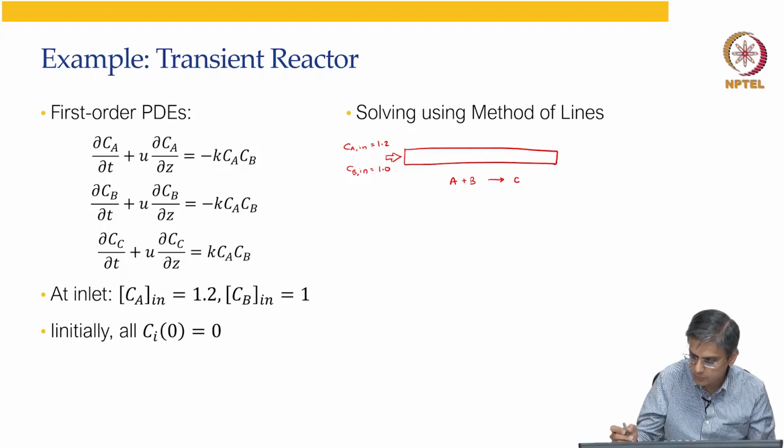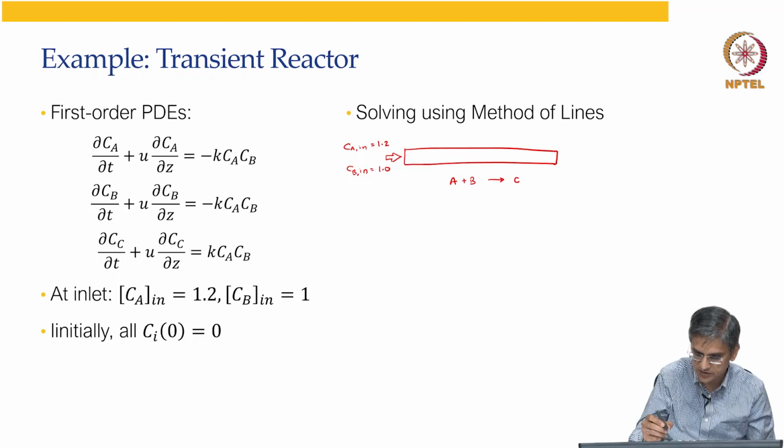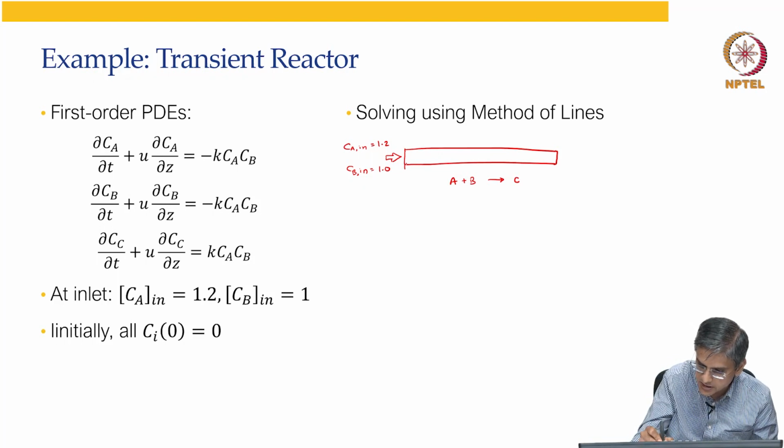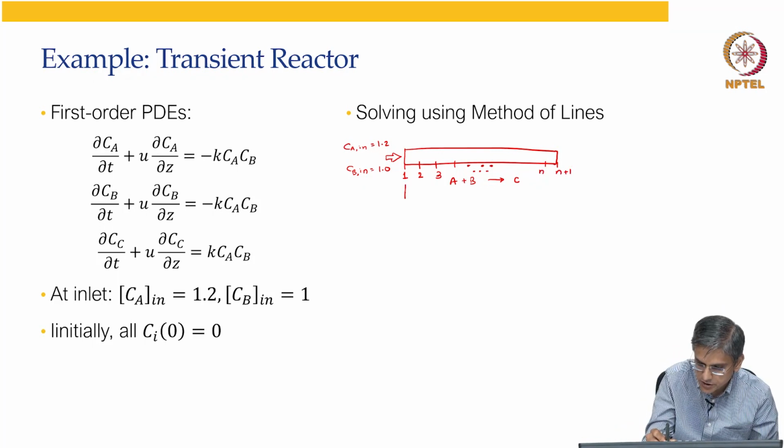What we are going to do is exactly what we followed in the previous week. We are going to discretize this into n domains or n intervals. Location 1, location 2, location 3, and n plus 1. At this location, we have CA in.